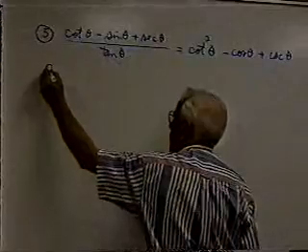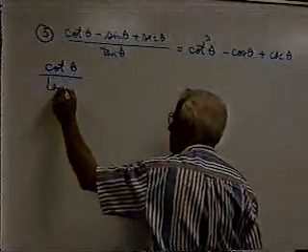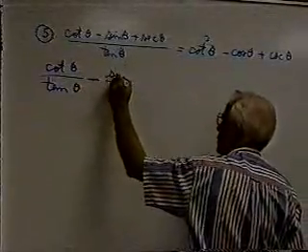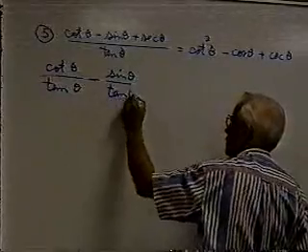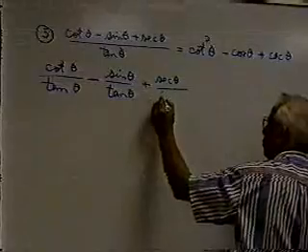Split it up and write it as cotangent over tangent minus sine over tangent plus secant over tangent.